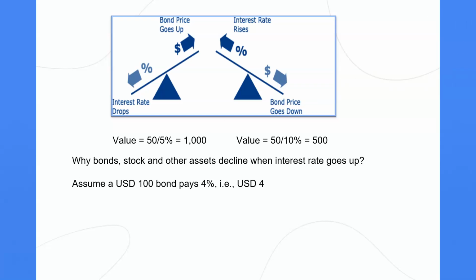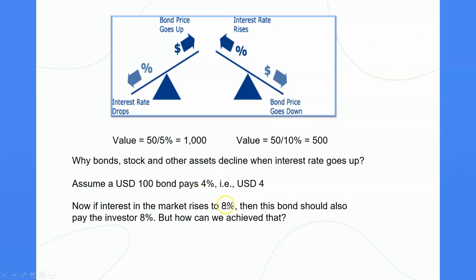Assume a bond issued for $100 and pays 4%. This 4% means $4 annually. I bought it for 100 and I get $4 annually. Let us assume that the interest rate has been increased by the Federal Reserve to a level of 8%.